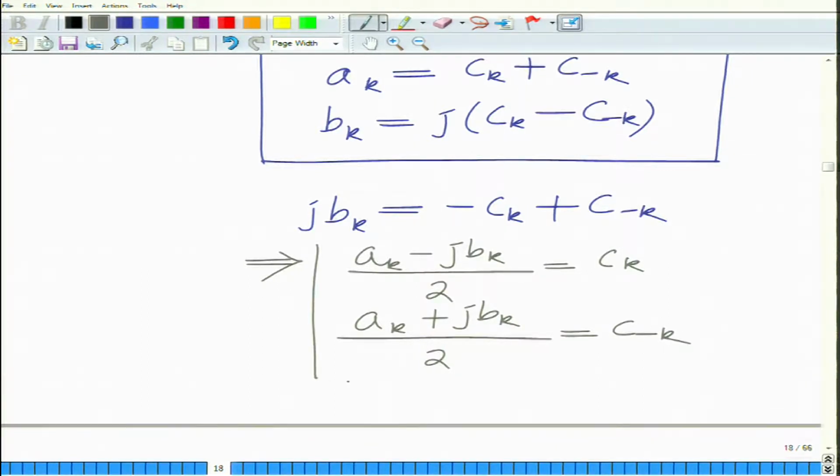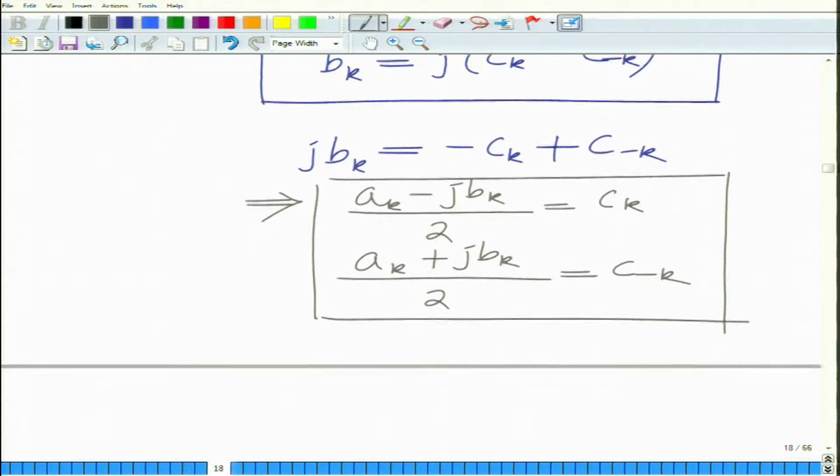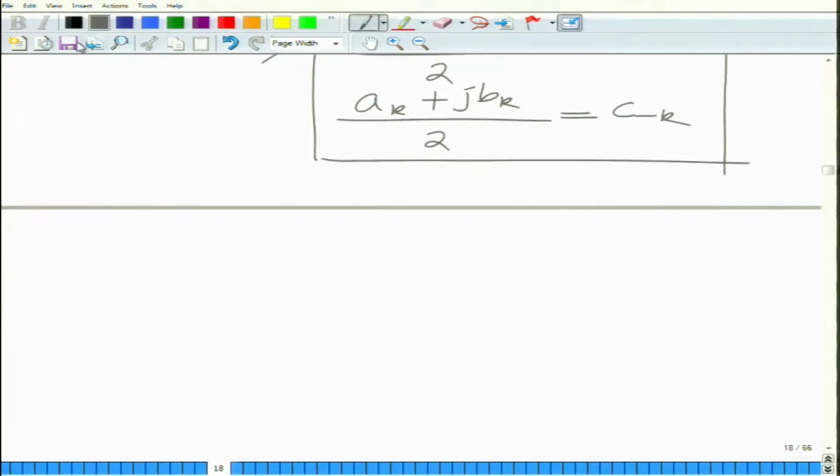So, these are the relationships of the Fourier series coefficients in terms of the coefficients of the trigonometric series.